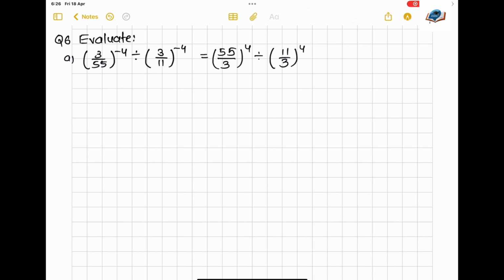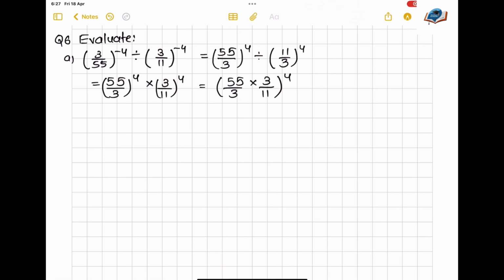Now either I divide or multiply by reciprocal. So 55 upon 3 whole raised to 4 into 3 by 11 whole raised to 4. Now see, bases are different but powers are same. So I can show it as 55 upon 3 into 3 upon 11 whole raised to 4.